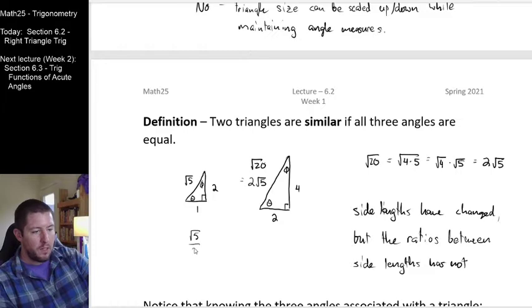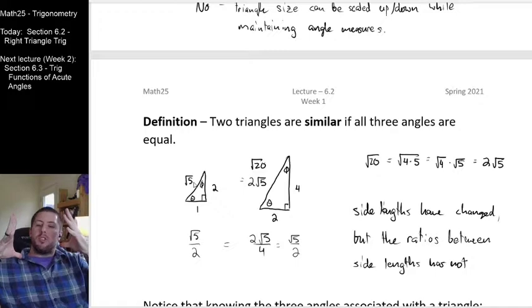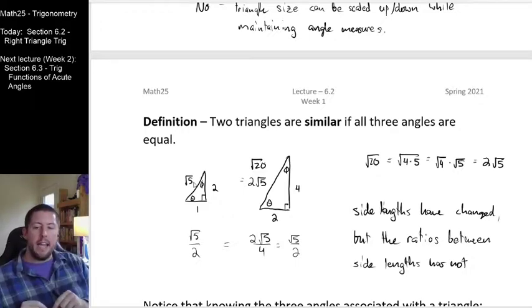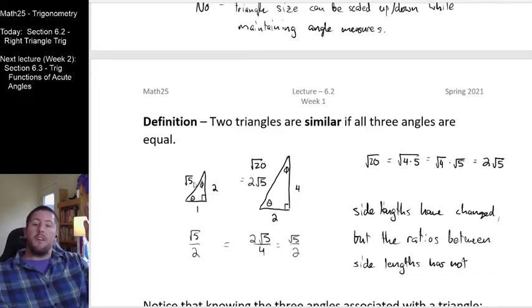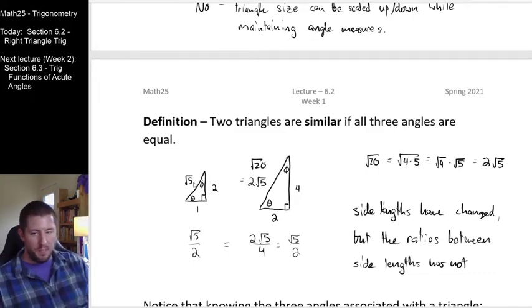Root 5 over 2, and that's going to be equal to 2 root 5 over 4, because that would simplify down to root 5 over 2 again, right? So even though I have scaled up this triangle in size, if I divide any two consistent side lengths of the triangle, it doesn't matter if it's a big version or a small version, that ratio of side lengths will be maintained in between any two similar triangles right there.